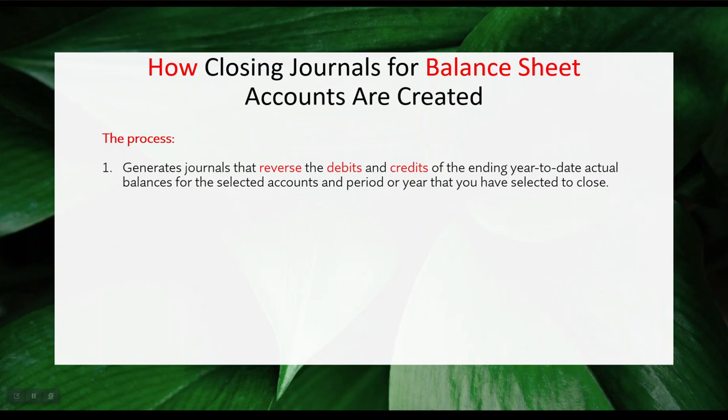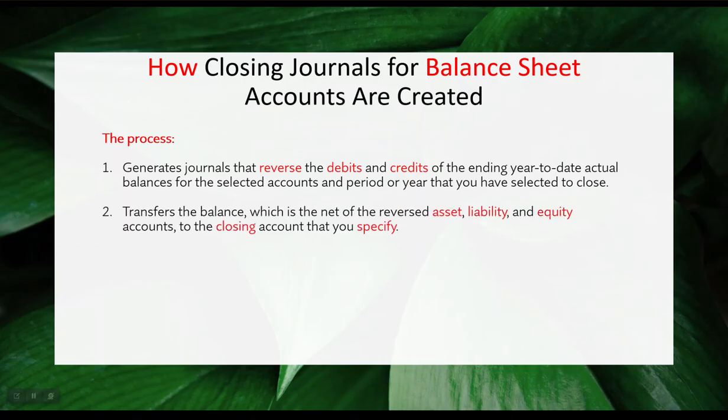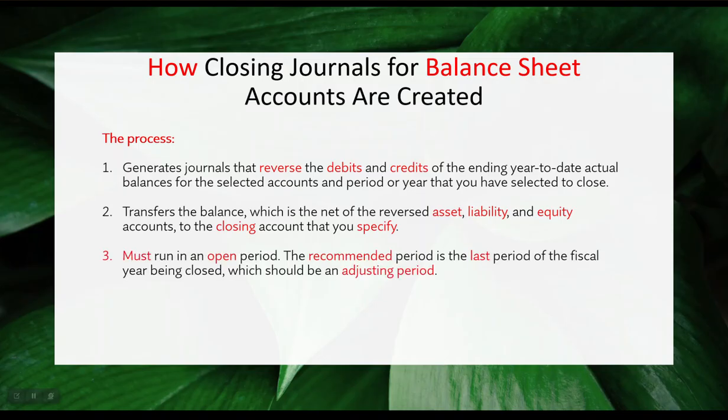It reverses the debit and credit of your balance sheet, meaning assets, liabilities, and owner equity. It transfers the balance, which is the net of the reversed assets, liability, and equity, to the closing account. This closing account you can specify when running this scheduled process, which we will see later.